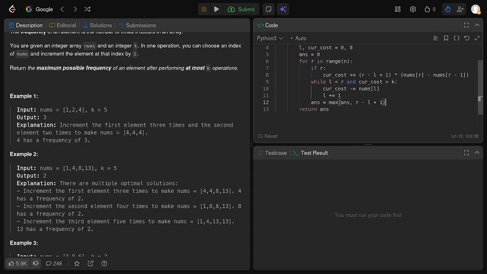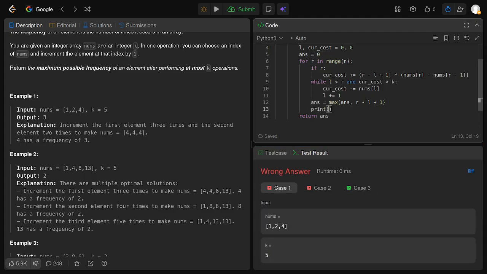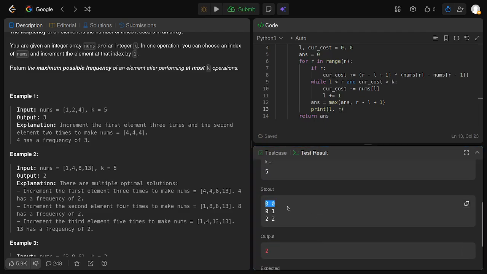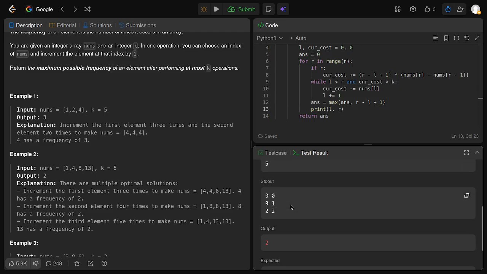Don't mind the coding. Print l, r, let's see. So at 0 we got 0, 0, okay. 2 plus 3 is 5, so that should be enough.